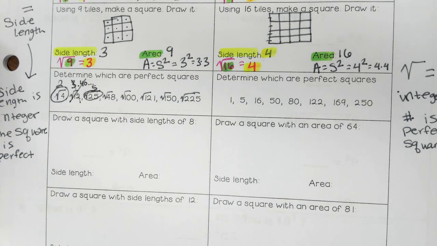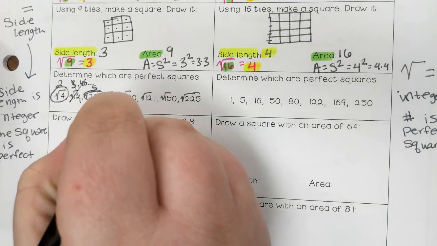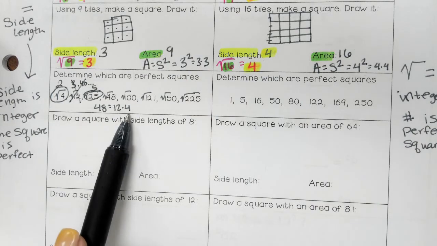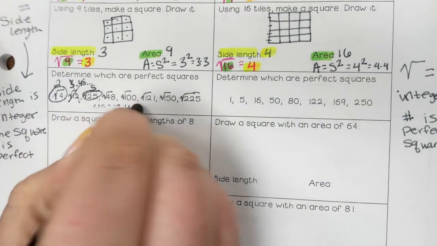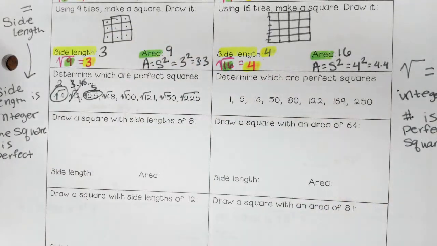48, this is where a lot of you are saying, well, 48 is 12 times 4, so it's perfect. That's incorrect. Square does not mean 4. You need to take the square root of 48 to see if this is an integer or an irrational number.